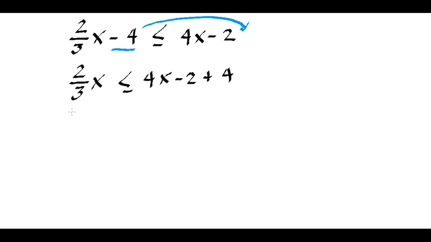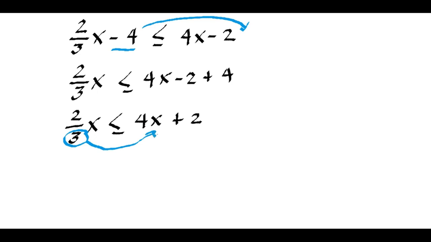And then copy again 2/3 x is less than or equal to, copy 4x, and then solve negative 2 plus 4, so that will be plus 2. And then, para mawala yung ating 3 sa denominator ng ating left side, i-cross multiply natin yan sa ating right side. So, distributive multiplication.